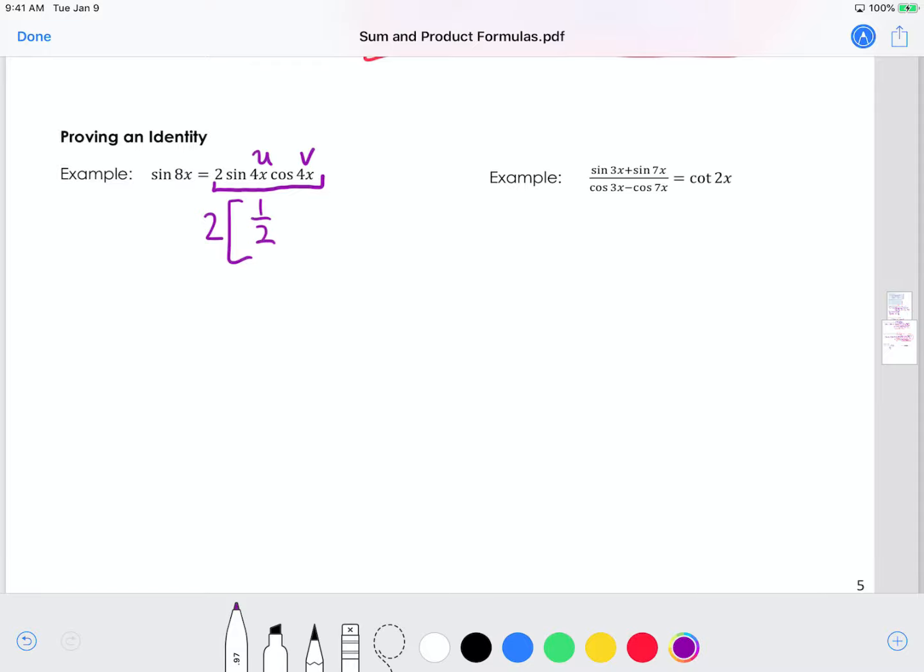So I'm going to rewrite sine of u times cosine of v using our formula as 1/2 sine of u plus v, which would be 8x, plus sine of u minus v, 4x minus 4x would be 0. And I want to show that this is all equal to sine of 8x. The 2 and the 1/2, when I multiply those, I get 1.